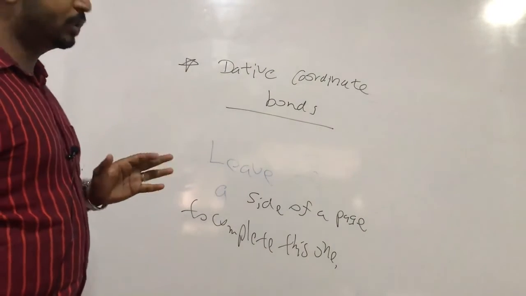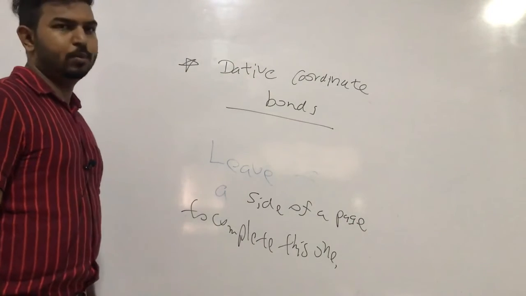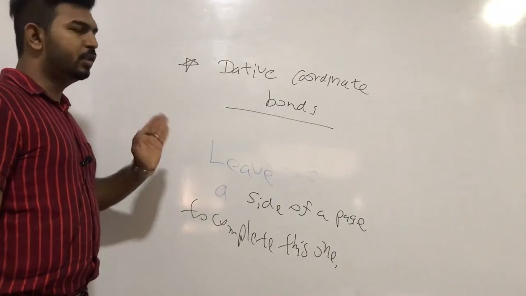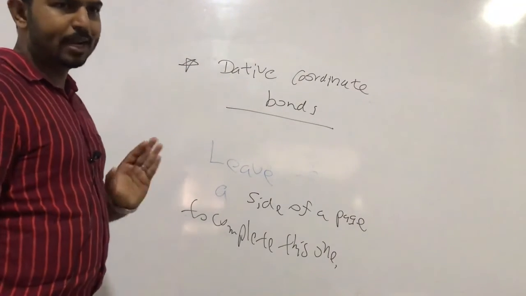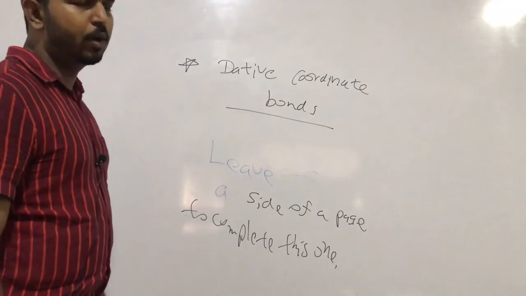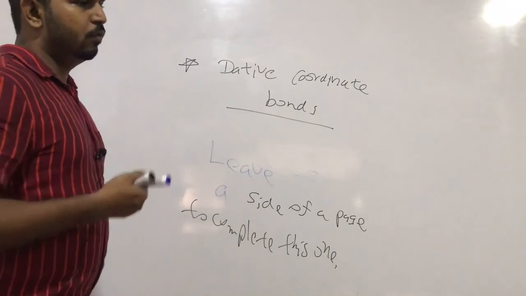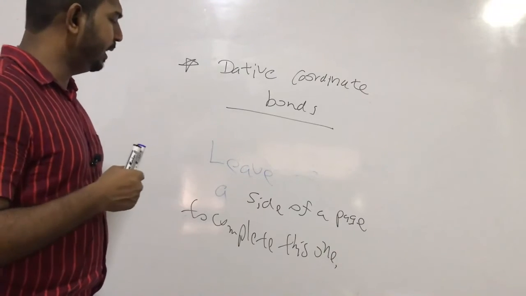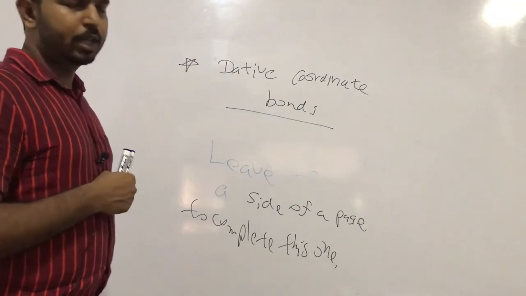After bond shapes have been studied, we can continue dative coordinate bonds. It's okay if you do not understand anything from this now. We will completely understand it after completing the bond shapes of molecules.